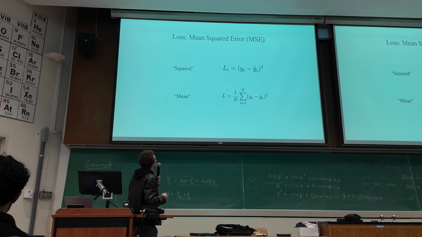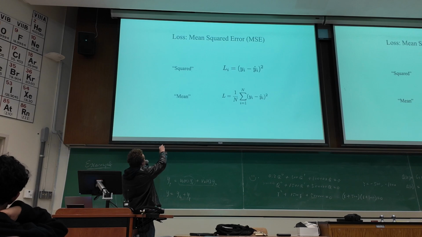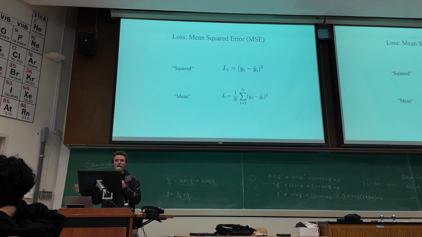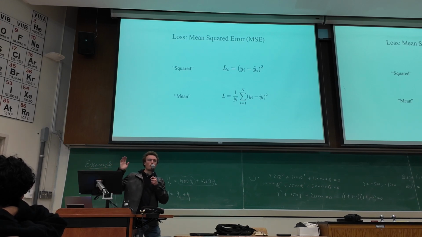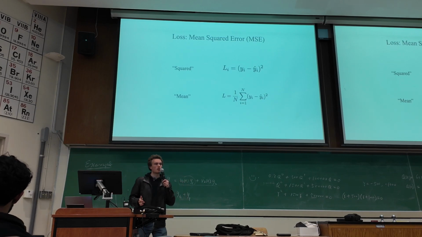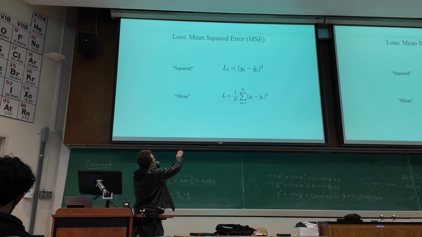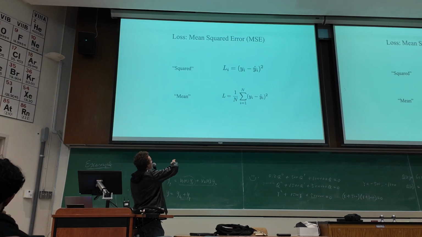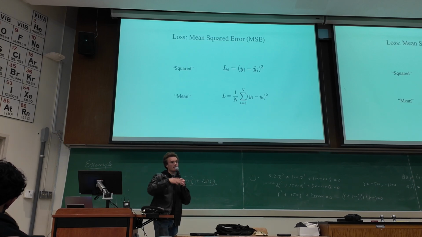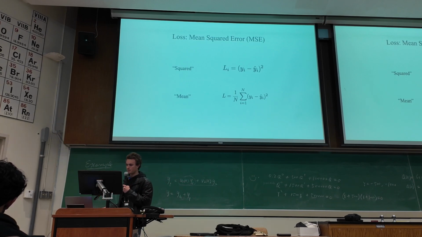That will be important. And then the reason we say mean is because we don't just do one guess. We'll have multiple training examples, as we call them, and we'll want to calculate the average, or the mean, loss over that batch of examples. So all we're saying here is, okay, what was the difference for the first prediction we had, and the second prediction we had, and the nth prediction we had, and then divide that by n to just get the mean.